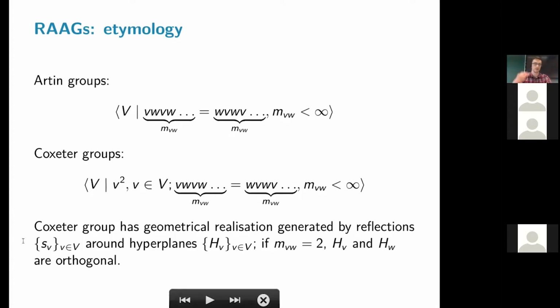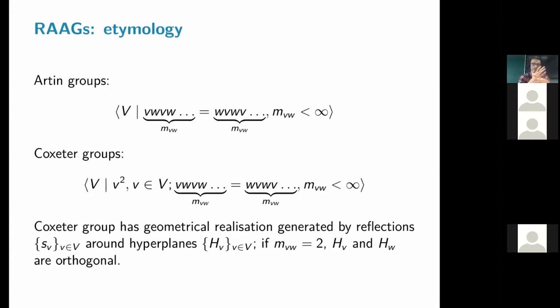And for most cases, you can even find a norm on this, or an inner product, that is non-degenerate. And with respect to this inner product, if your relating number m_vw is equal to 2, then the corresponding hyperplanes will be orthogonal, or the angle between them is right, or 90 degrees.